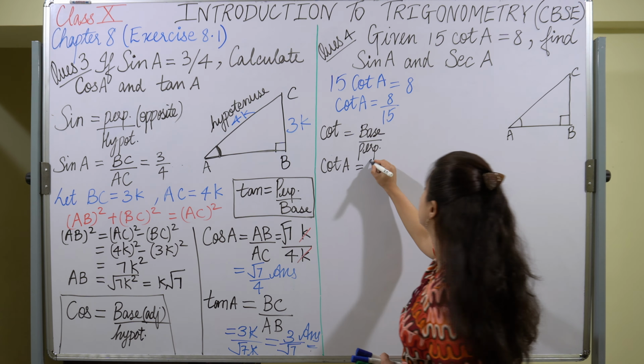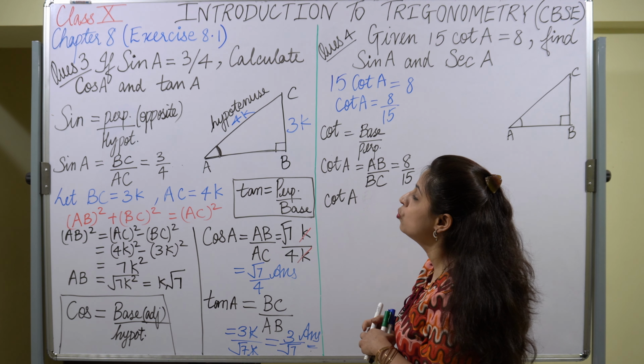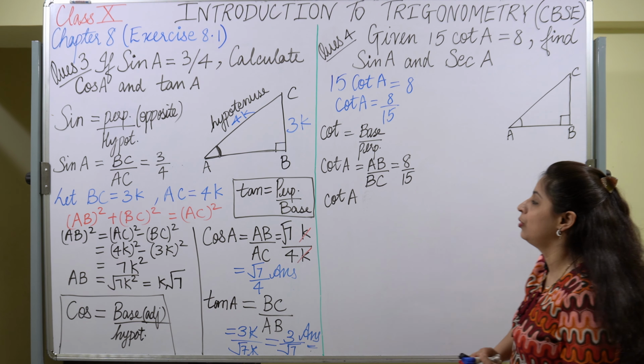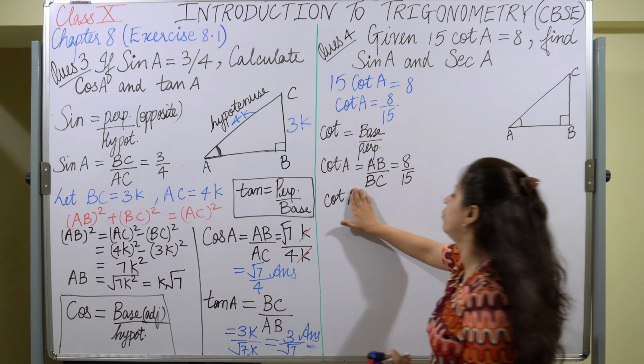So cot A will be equal to, it is given to us, 8 by 15. As we have assumed in question number 3, here also we will carry out the same procedure.